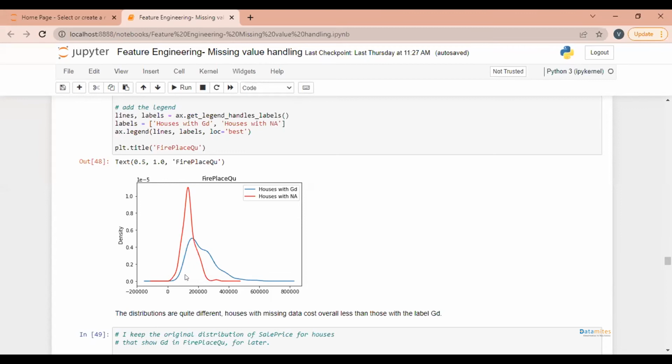Although the average of the red graph seems to be less than the blue one, there is a huge difference between both observations already. This is again an indicator that mode imputation in this case is not very suggestive. It will distort the sales price distribution to a very great extent. Let's observe that.